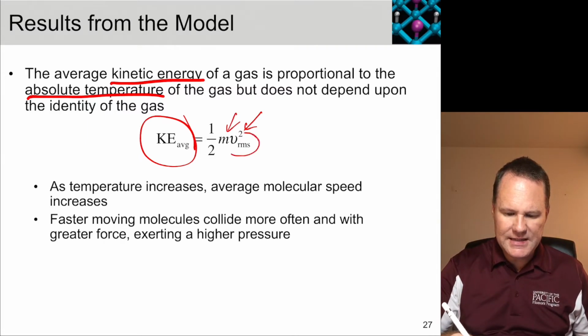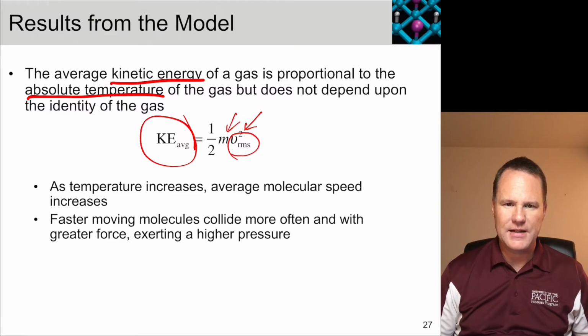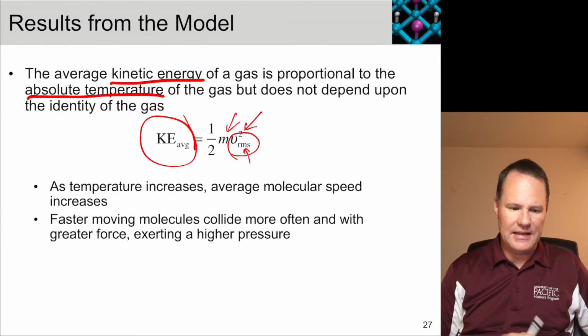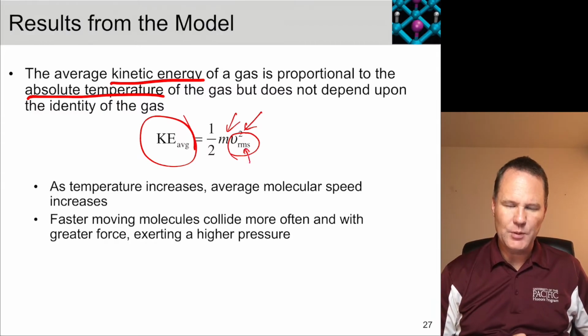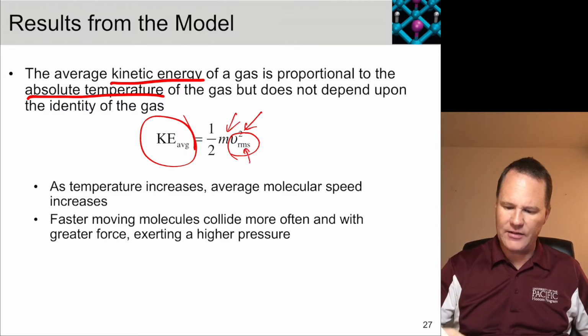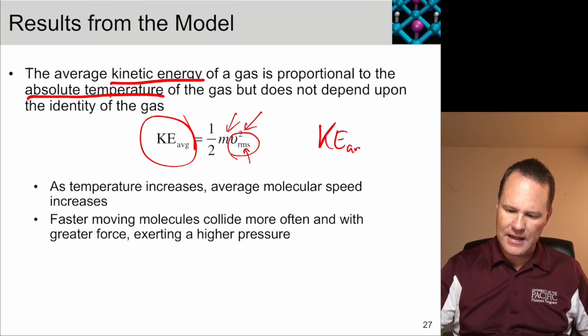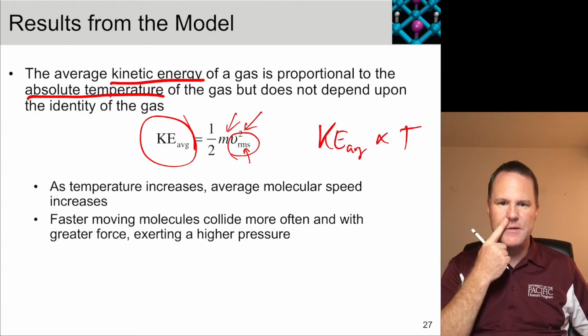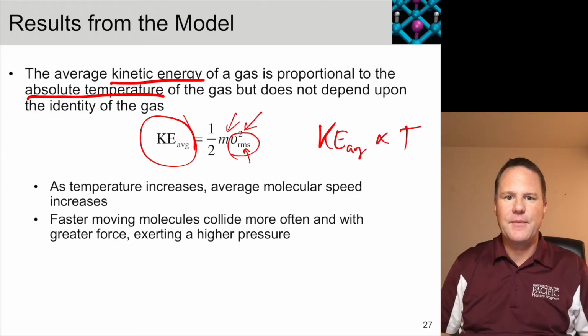And so this is an average, but the average is not in terms of velocities, but velocity squared, so the root mean square average, and I'll explain that in a moment. That gives me the average kinetic energy, and that average kinetic energy, the KE average, is proportional to the absolute temperature. And that's what temperature means, right?